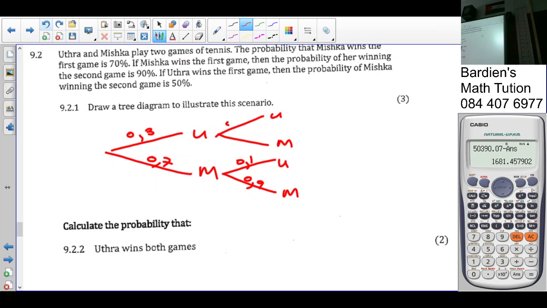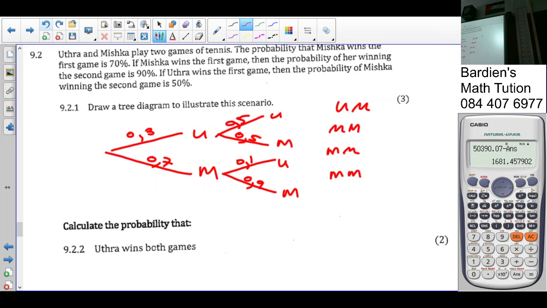So if Udra wins, the chance of winning is 50% and Mishka winning is 50%. So the outcomes on this branch are Udra Udra, Udra Mishka, Mishka Udra, and then Mishka Mishka, both games being won by Mishka in the last outcome.